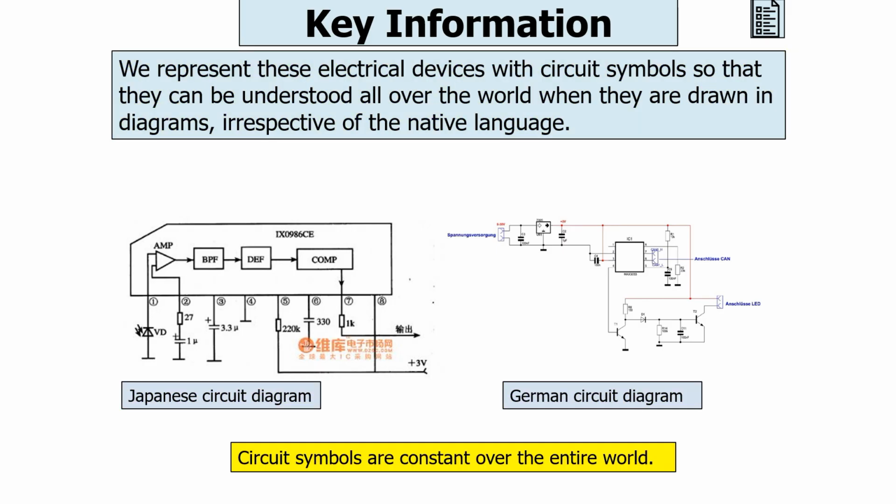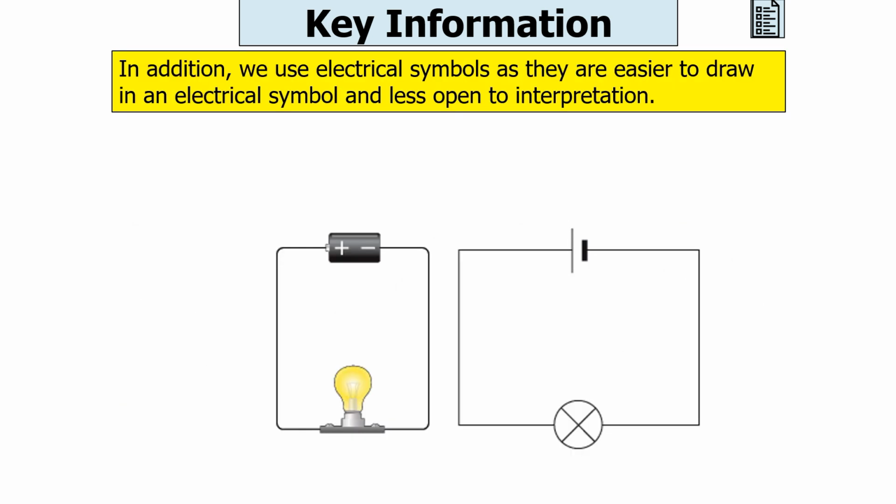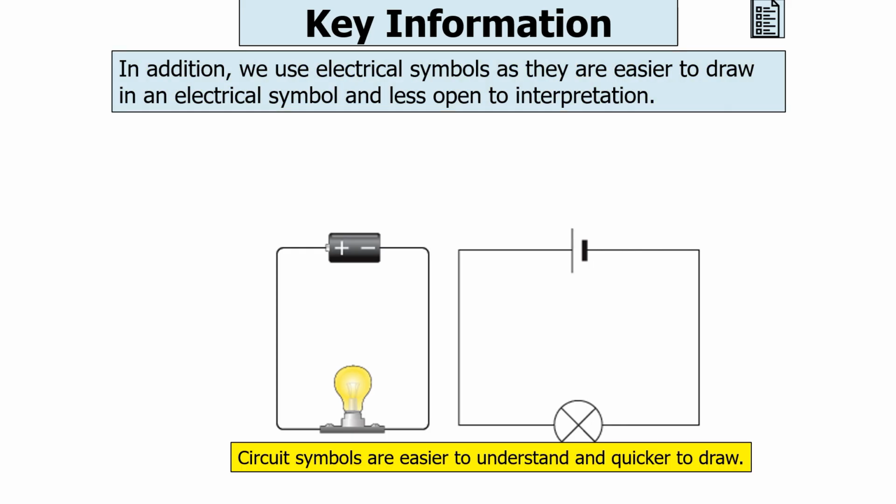And it's important to note that circuit symbols are constant over the entire world. In addition, we use electrical symbols as they are easier to draw than a circuit and less open to interpretation. Now, circuit symbols therefore are easier to understand and quicker to draw.